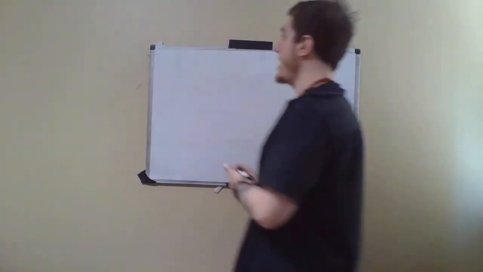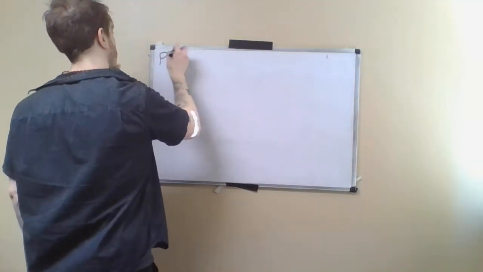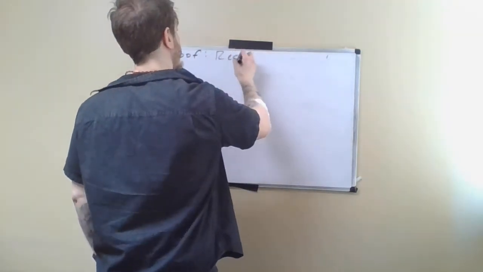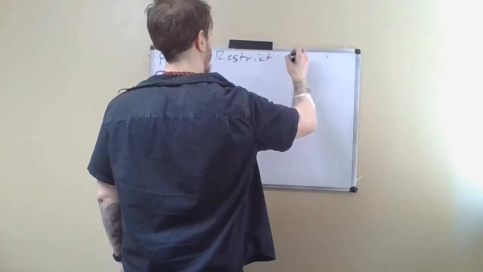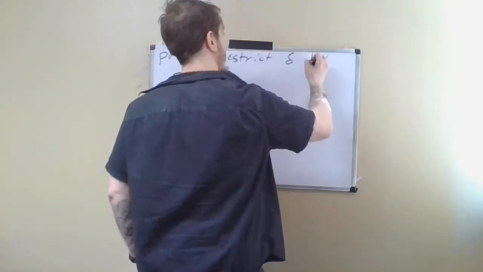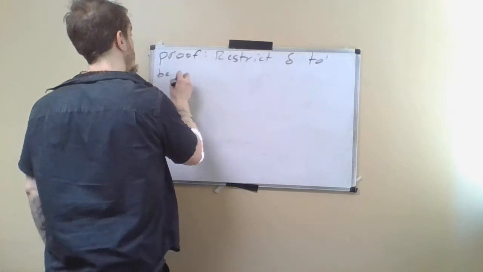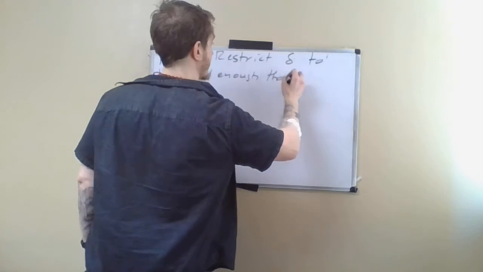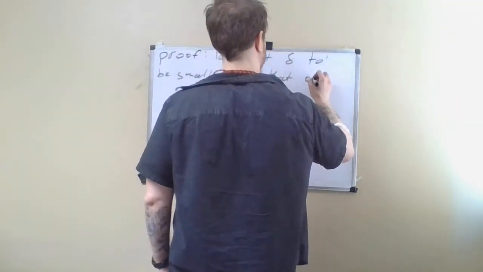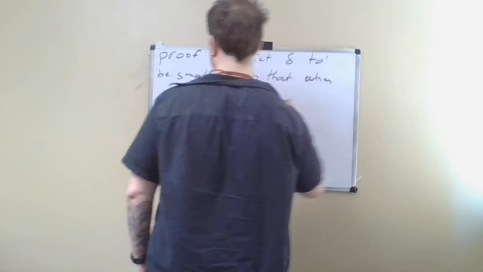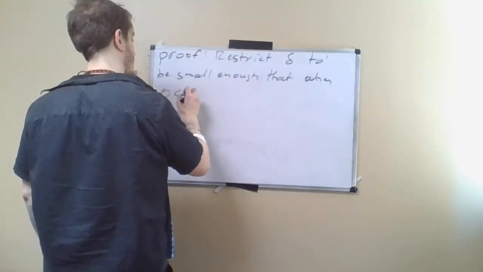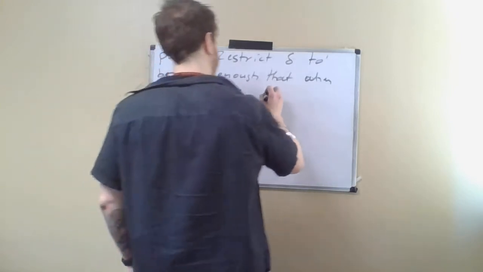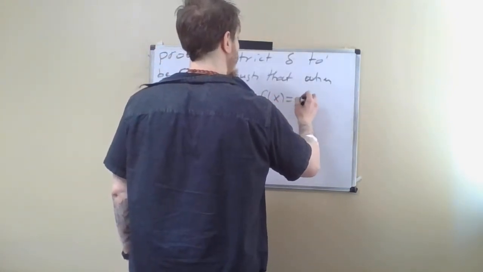Well, the point is that what we do is we restrict delta to always be small enough that when 0 is less than absolute value x minus a less than delta, f of x is actually just always equal to g of x.